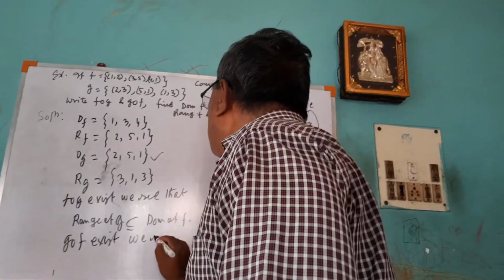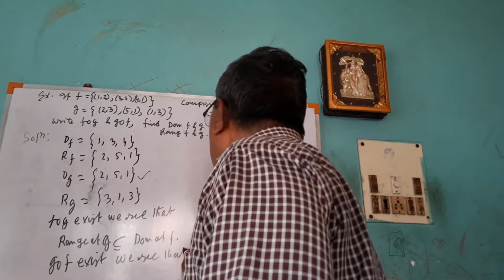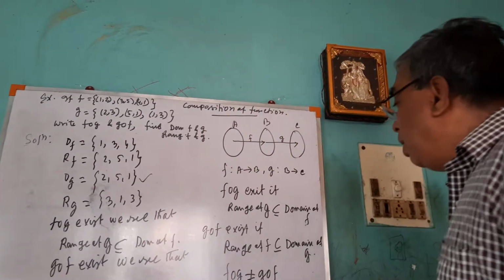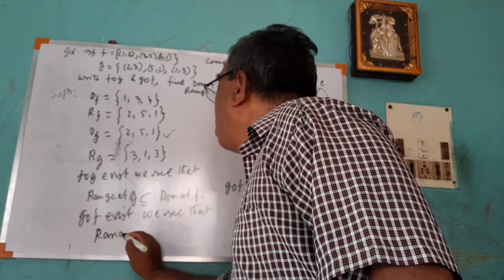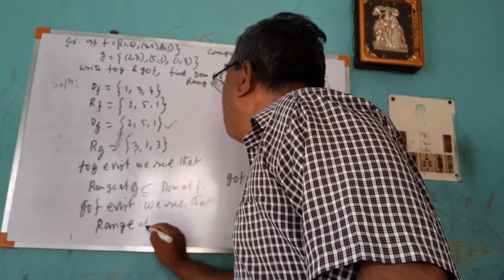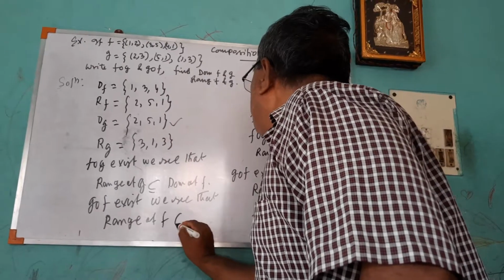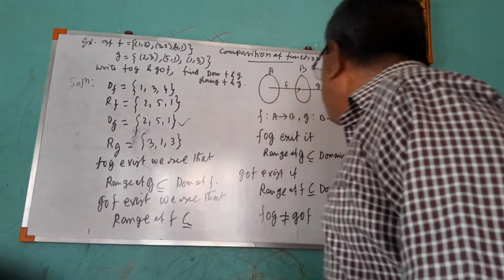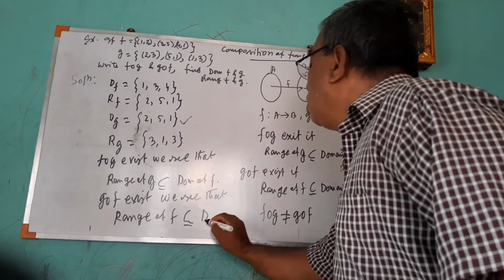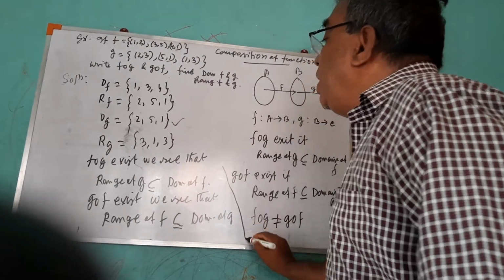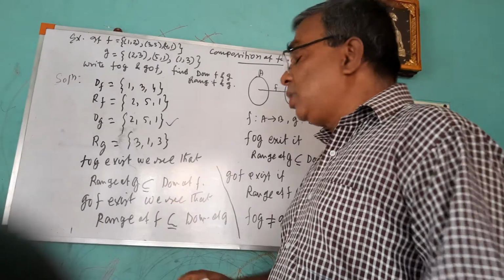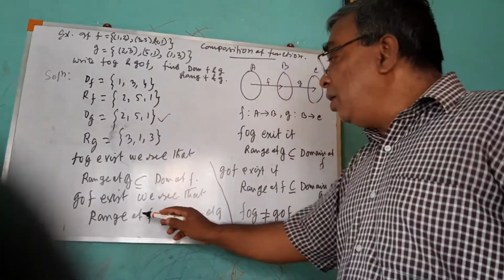We see that range of F is a subset of domain of G, so we can say G O F also exists.